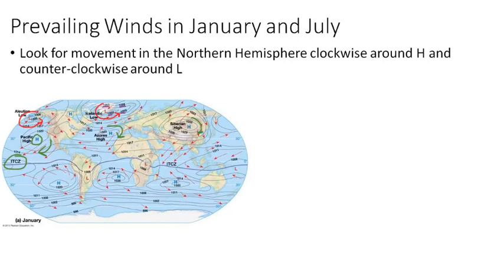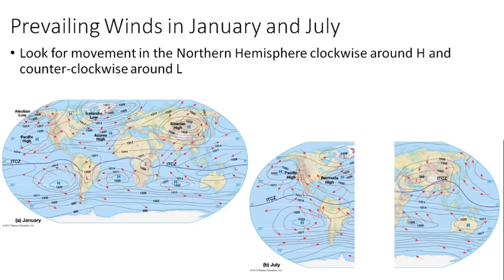And in a minute, I'll give you a precursor. When it comes to the movement of ocean currents, they are driven directly by wind currents. So that was January, and this is July.